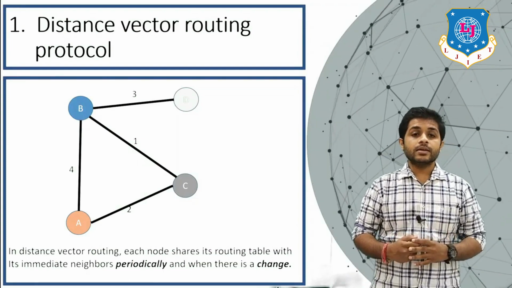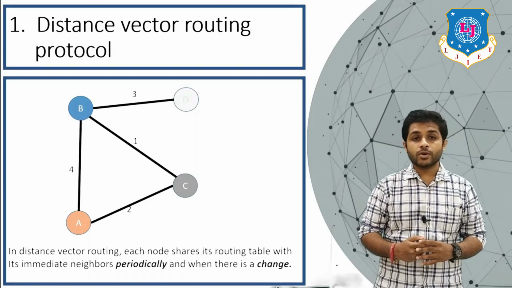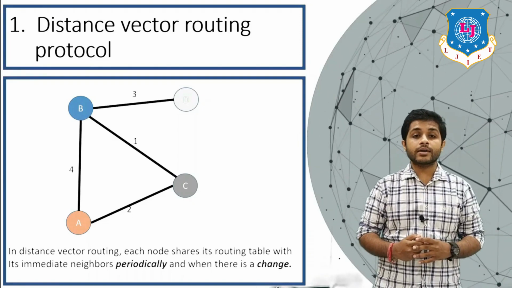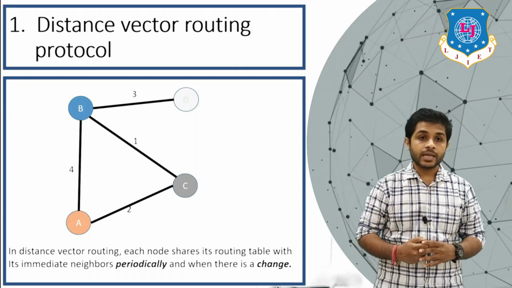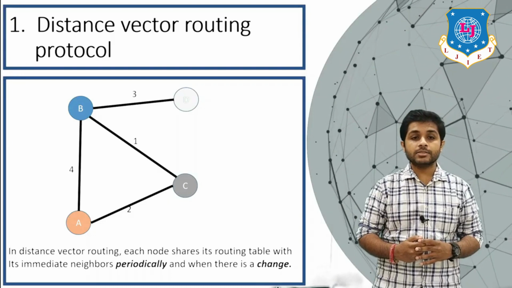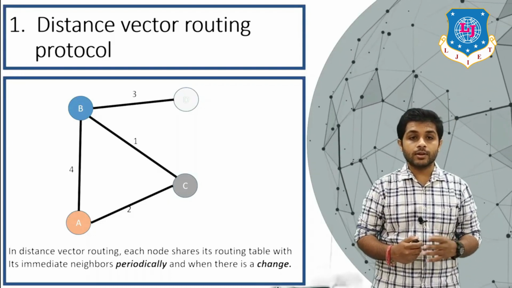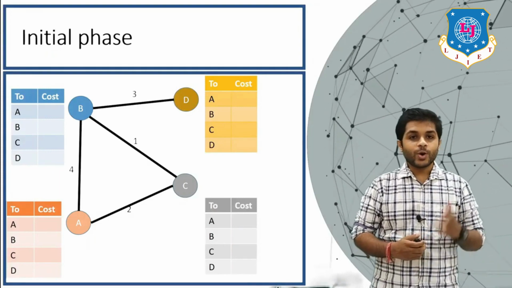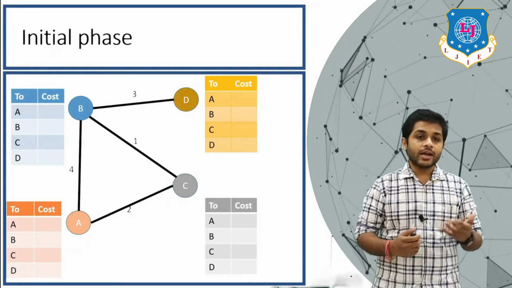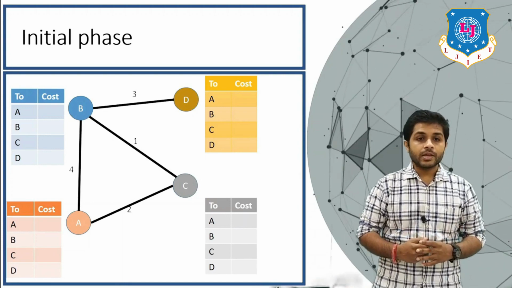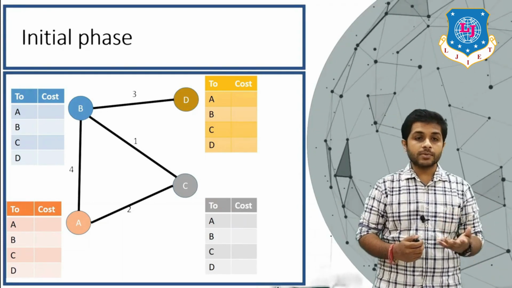You can see there is a network present on your screen, and there are a total of 4 routers, which are A, B, C and D. They are connected via links, and the distance can be seen near those links. Now in the initial phase, all these routers have tables and those tables are empty. Now what is the meaning of this table?